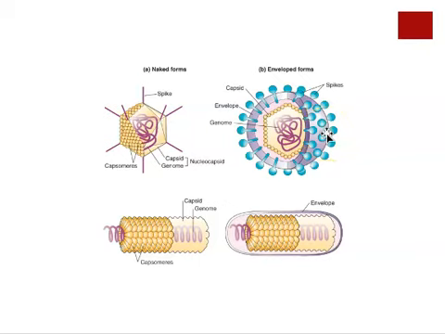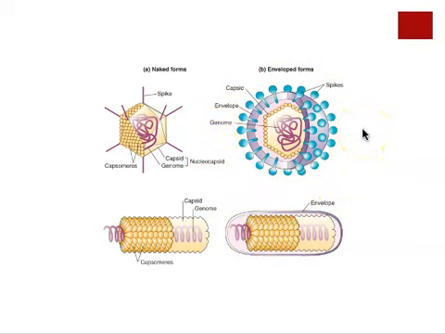It comes from the host cell's membrane. The spike proteins, however, are viral. They come from code found inside the viral genetic material. This is what we would refer to as a spherical shaped virus.